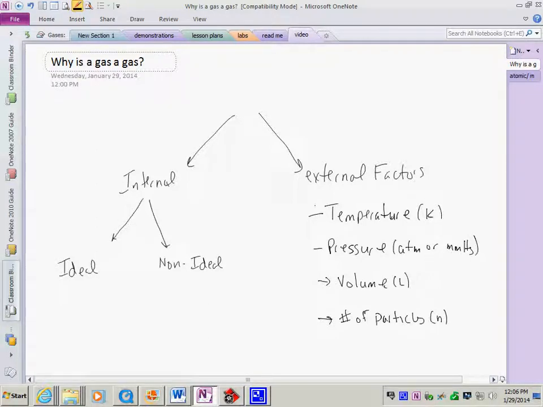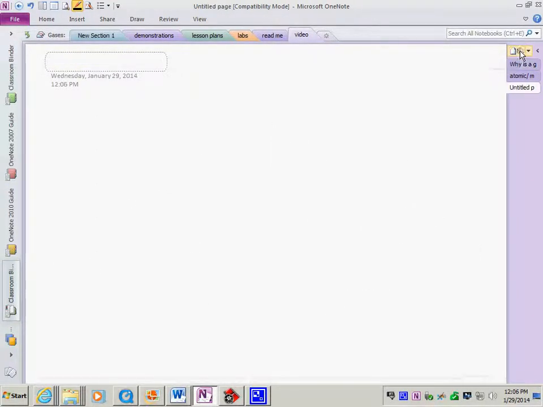So these are the external factors. Now, you should understand what these external factors do. You should understand just conceptually, around your life, what happens when gases interact with these variables: temperature, pressure, volume, and number of particles.